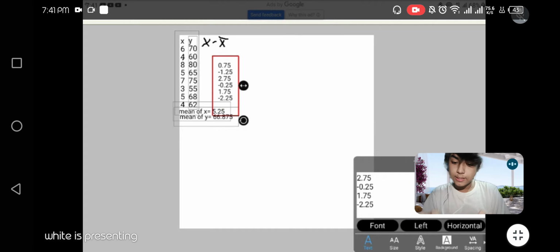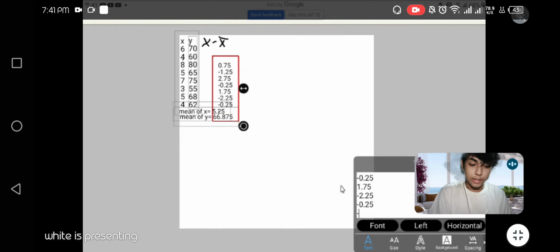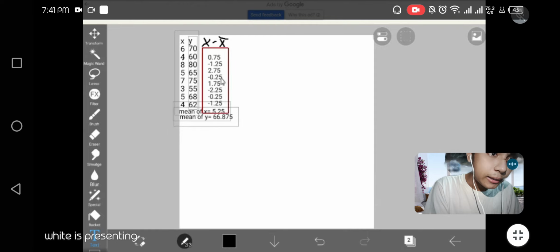And the next is 5 again. Same answer, 0.25, but negative, negative 0.25. The last one is 4, negative 1.25. We have completed everything we need here.